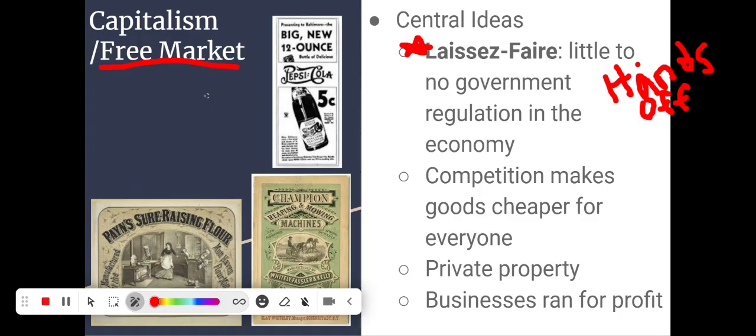The other big idea of laissez-faire capitalism is going to be competition. The idea that competition makes goods cheaper. So if there's two companies and both companies are making computers, the idea of capitalism and the free market is that they are going to compete for customers. So you have two ways to get customers.